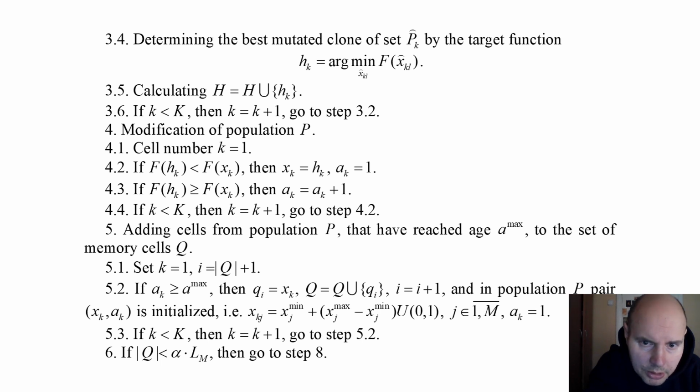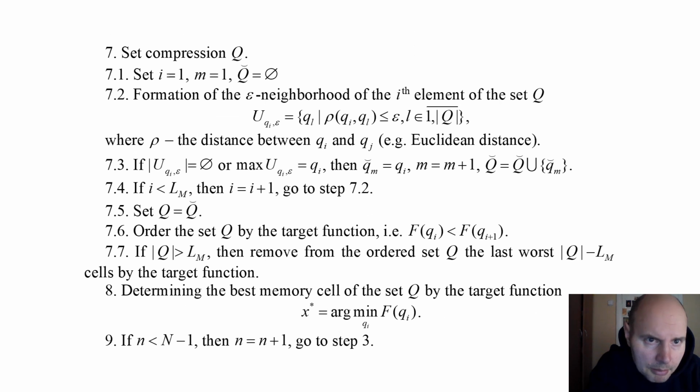Adding cells from populations that have reached age to the set of memory cells. If the condition is satisfied, then go to step 8. Set compression. Determining the best memory cells of the set by the target function. If the condition is satisfied, then increment n, go to step 3.